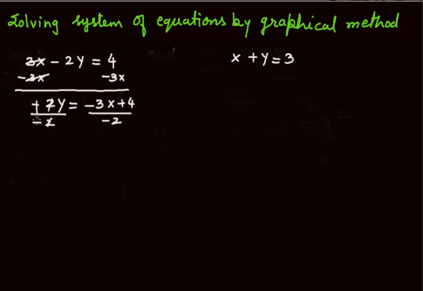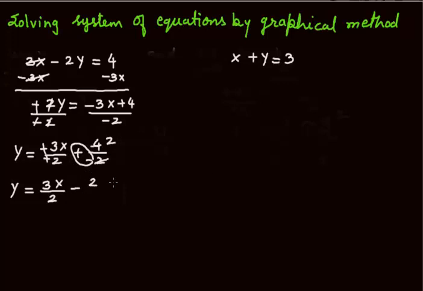So it will be y is equal to negative 3x over 2 plus 4 over negative 2. Now this negative and this negative will get cancelled. So y is equal to 3x over 2. This negative and positive becomes negative and this becomes 2.